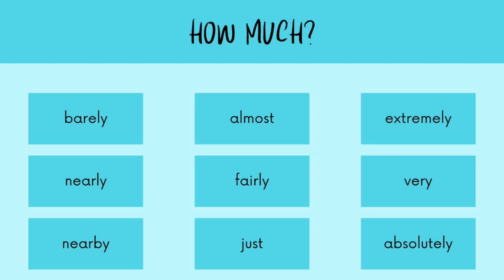For example, barely, nearly, almost, fairly, just, extremely, very, absolutely. All these words are adverbs of degree. They answer the question how much an action is performed, telling you the seriousness or the triviality of an action as the case may be.